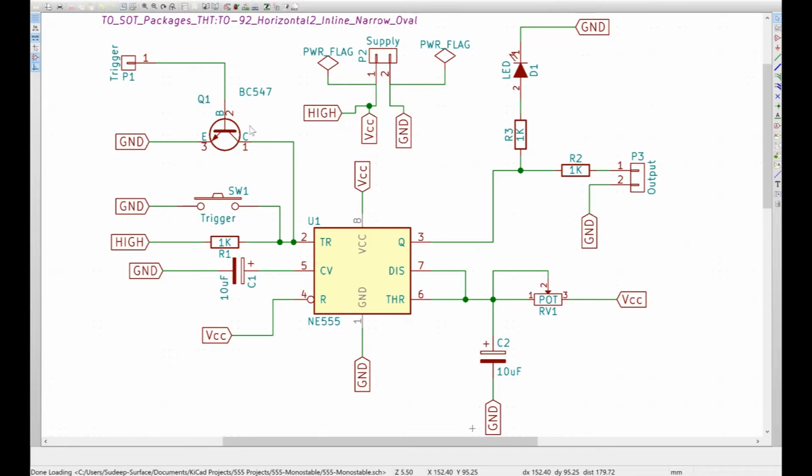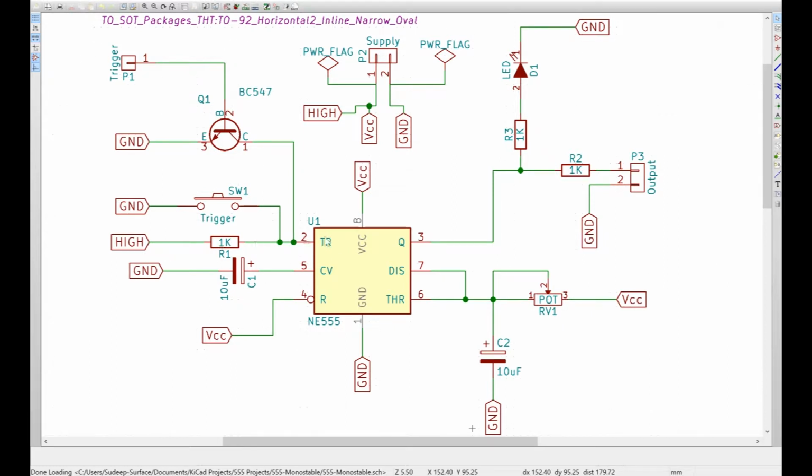And this BC547 transistor is just a way in which, if the trigger input pin was given a logic high via a sensor or any other device, it switches on this transistor and does the equivalent thing to pressing the switch. So this section on pin 2 is just the trigger mechanism.